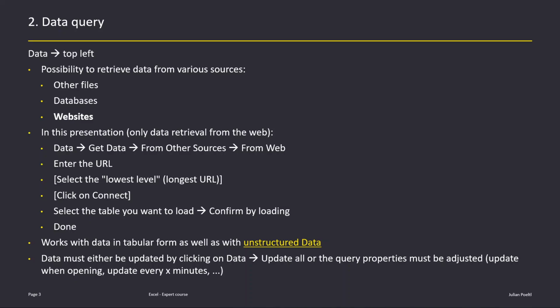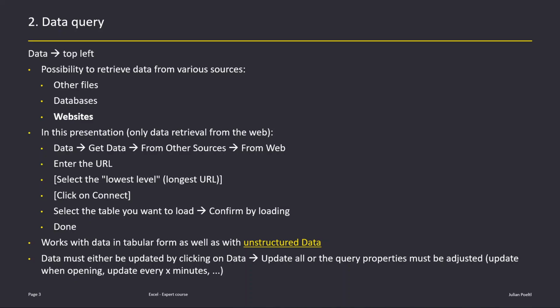So if you want to use data query, you need to go to data in Excel, and on the top left you will find data query. There is the possibility to retrieve data from various sources, for example, from other files, from databases, or from websites.